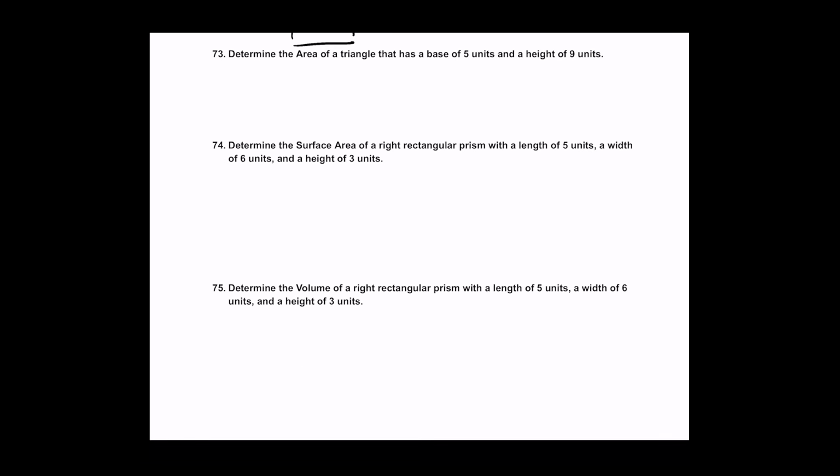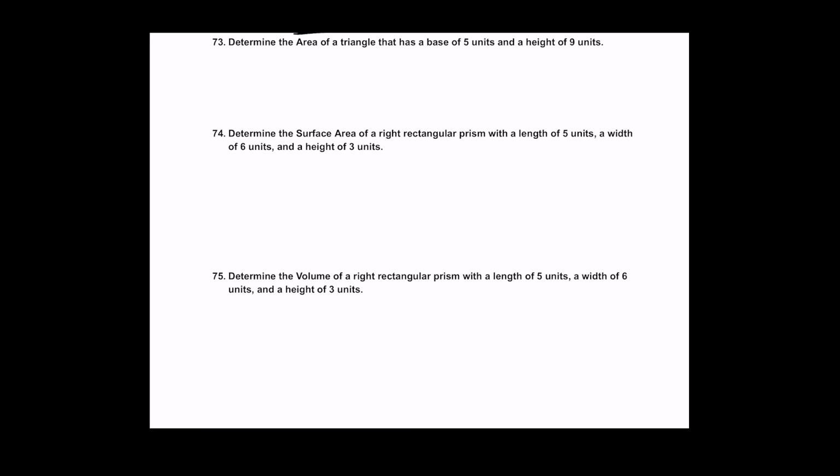For 73, we have a triangle. So hopefully you remember the formula, but if not, the area of a triangle is going to be 1/2 times the base times the height. Or you can say area is equal to base times height divided by 2. Either one's fine. And the base here is going to be 5 units. It doesn't really matter which formula you use. I'll use this one over here.